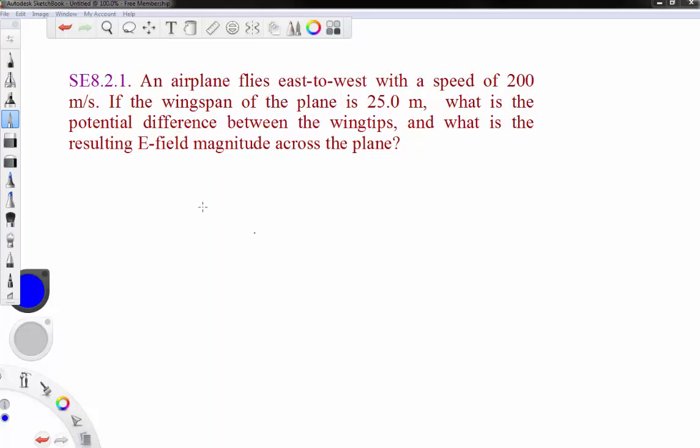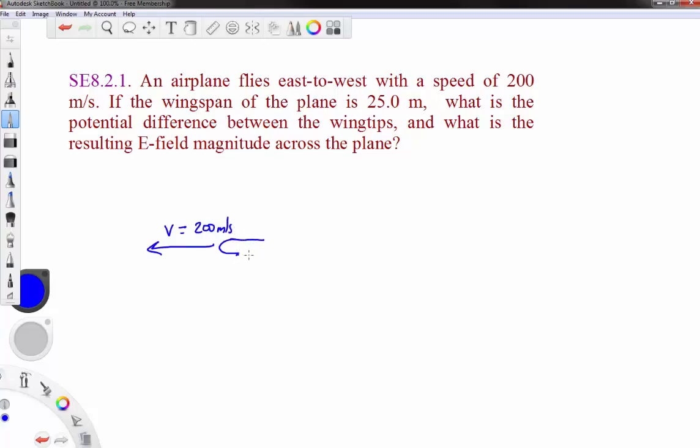So if the plane is flying from east to west, then the plane is basically oriented like this, and that is from west to east. The plane is moving in this direction with a speed of 200 meters per second.